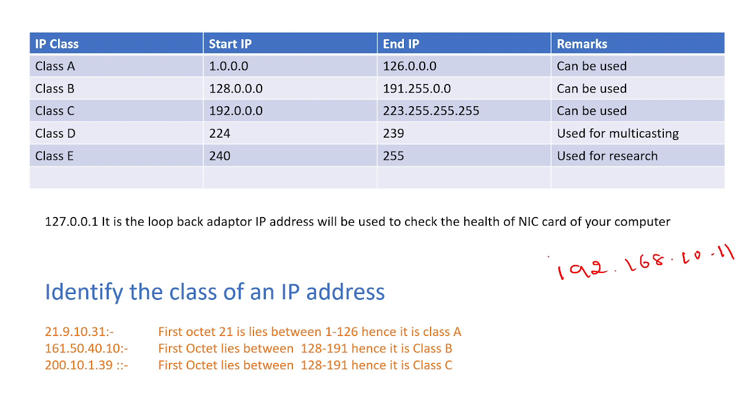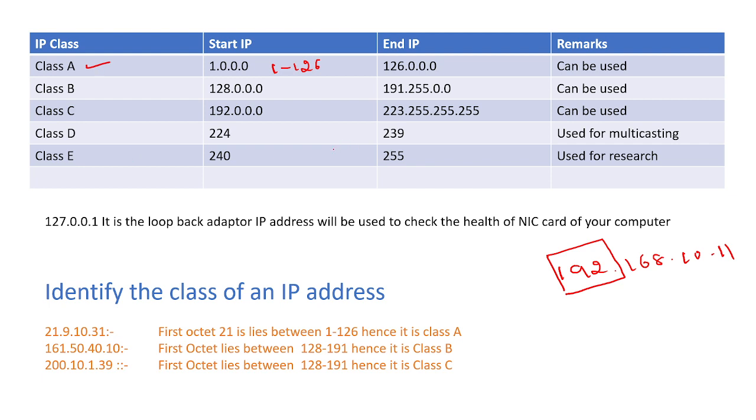I told you the class of the IP address will be decided from the first octet of the IP address. So if the first octet varies between 1 to 126, it is class A. I am talking about only the first octet.